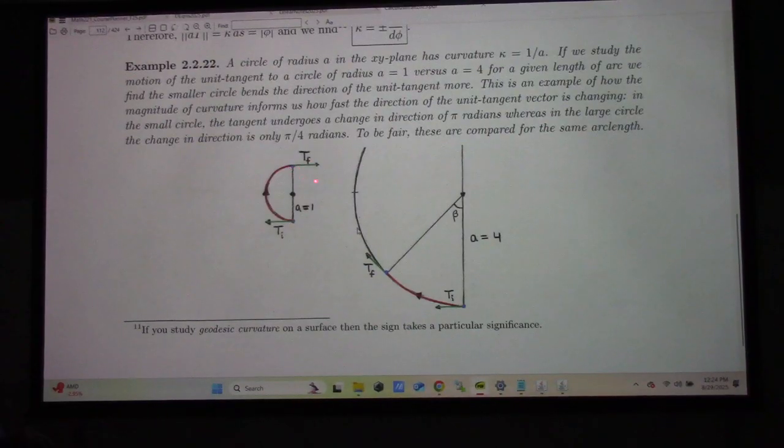But on the other hand, if I have this much arc and I go over a circle of radius 4, here the curvature is 1/4, here the curvature is 1. So for a given arc length, the direction of the tangent vector changes faster up here, versus down here, where the curvature is smaller, the direction of the tangent vector changes less quickly. So that's all I'm trying to say here.